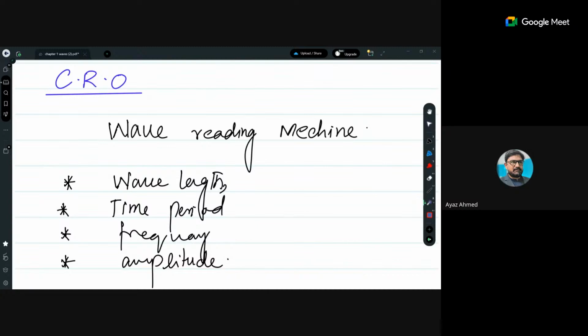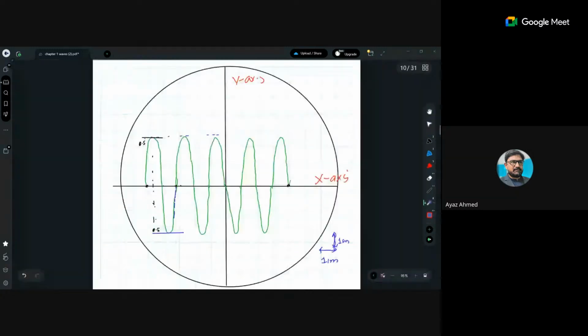So here, wavelength, time period. This is your CRO dial. CRO is basically a dial at which you have a grid. And on that grid, you can represent either the x-axis or y-axis.